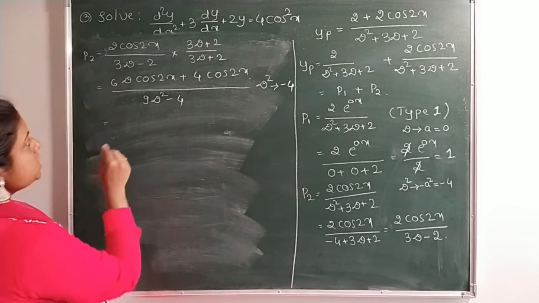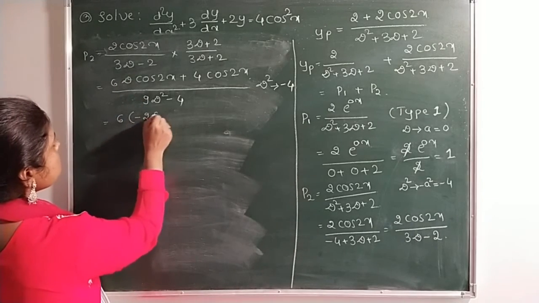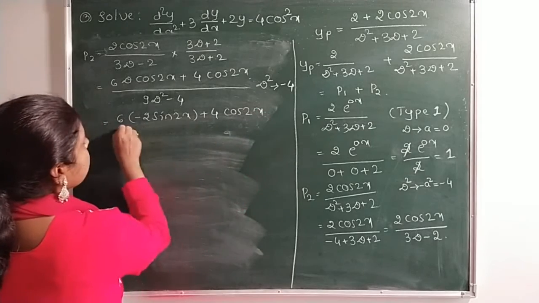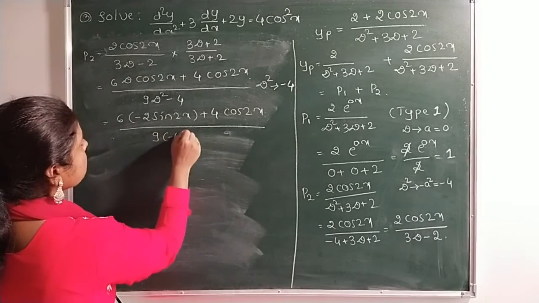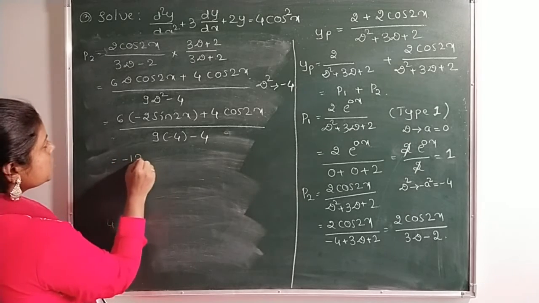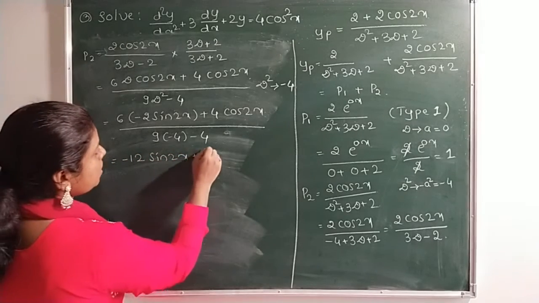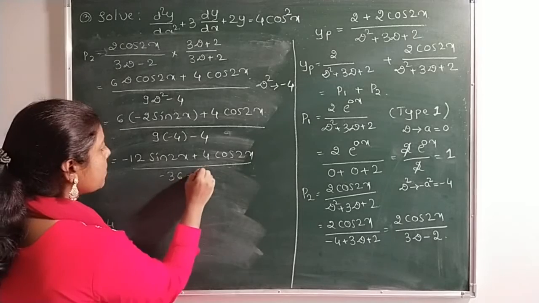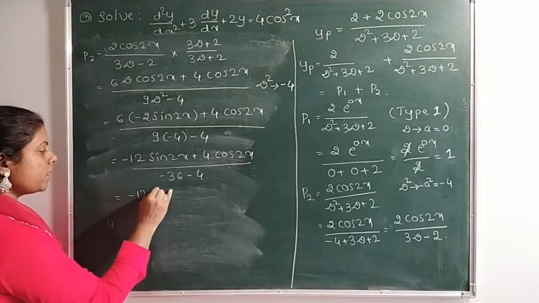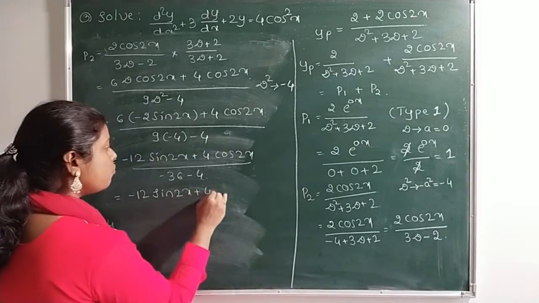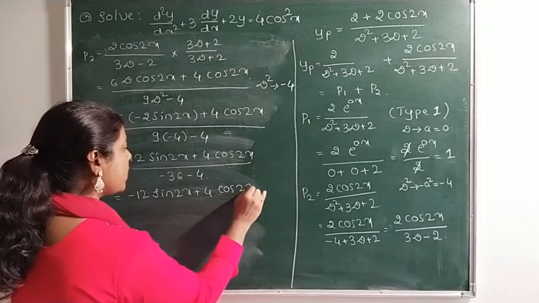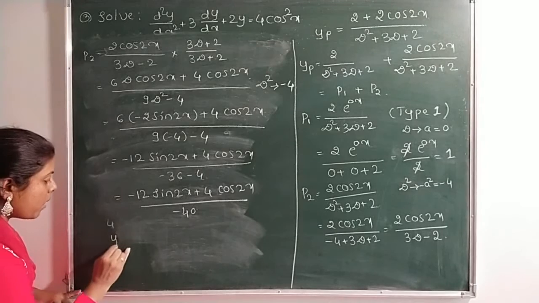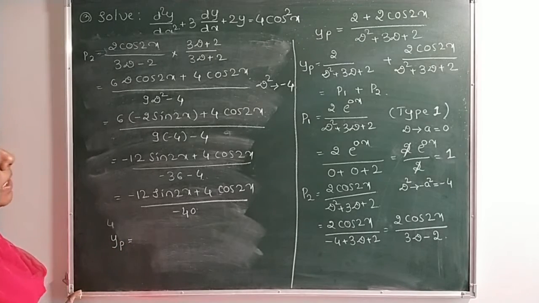D indicates differentiation. 6 into minus 2 sin 2x plus 4 cos 2x divided by 9 into minus 4 minus 4, is equal to minus 12 sin 2x plus 4 cos 2x divided by minus 36 minus 4, is equal to minus 12 sin 2x plus 4 cos 2x divided by minus 40. This is P2.